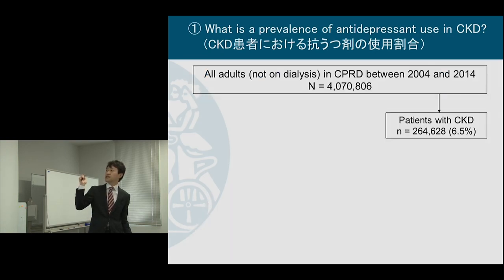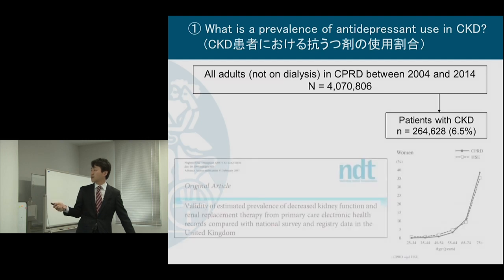As such, among 4 million patients registered in CPRD between 2004 and 2014, aged 18 or older, I identified 260,000 patients with CKD stages 3 to 5, accounting for 6.5% of the general population.